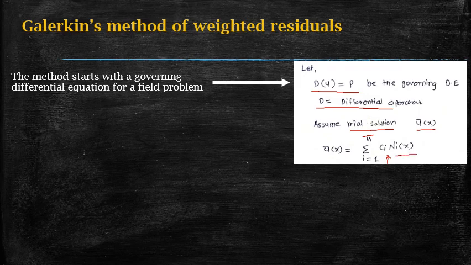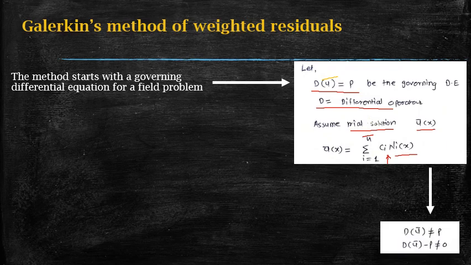Because right now I am considering only a one dimensional problem where your field variable is only a function of x. Therefore the derived quantities, for example, if the field variable is displacement, the displacement will be a function of x, and all derived quantities like strains, stresses, strain energy will be only functions of x. So that's why I am writing Ni of x, a function of x.